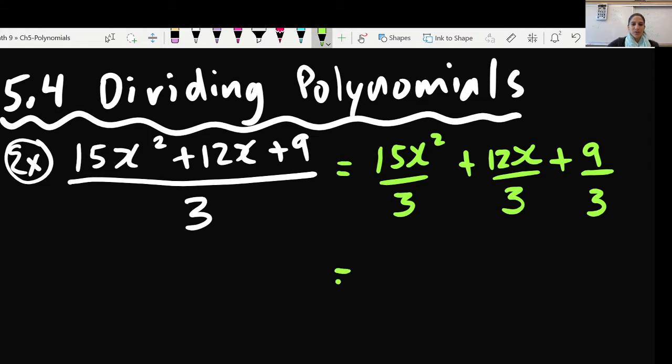You're allowed to rewrite a fraction as long as you keep the denominator under each term. So we're basically separating the terms of the trinomial that's at the top of this big complex fraction, so then we can deal with them separately.